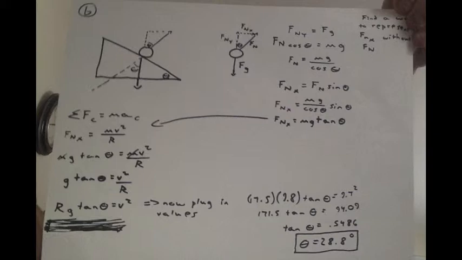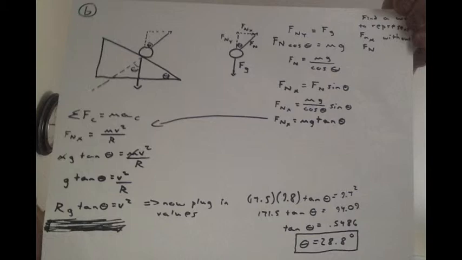And then I did Fnx equals Fn sine theta because it's opposite the theta in the free body diagram. And I was able to solve for Fnx to be mg tan theta because sine theta over cosine theta is tangent theta. So then I was able to plug in mg tan theta for Fnx, cancel out the masses, and I had g tan theta equals v squared over r.